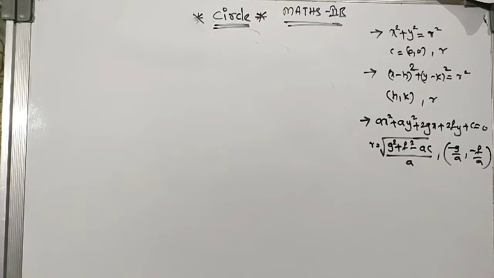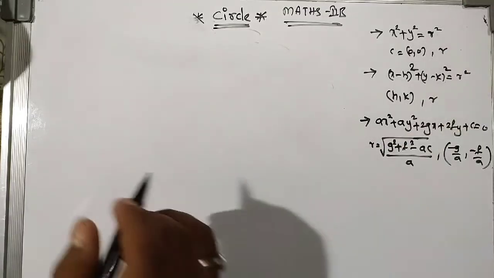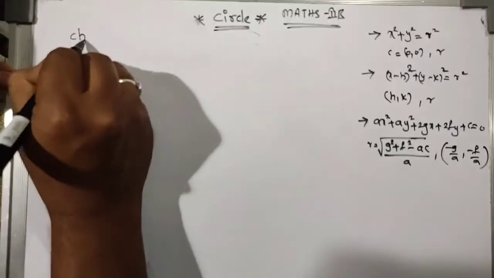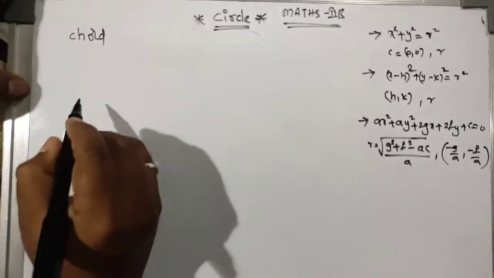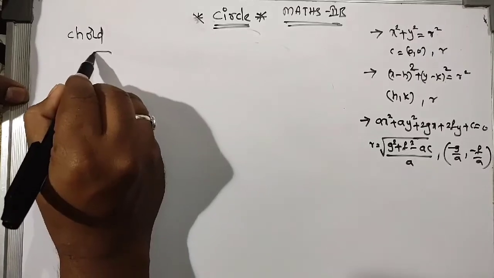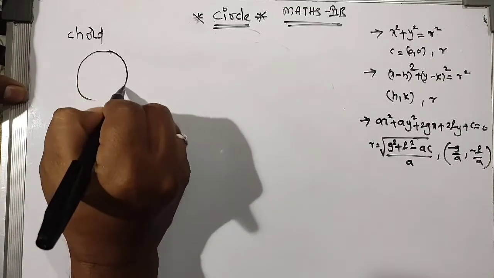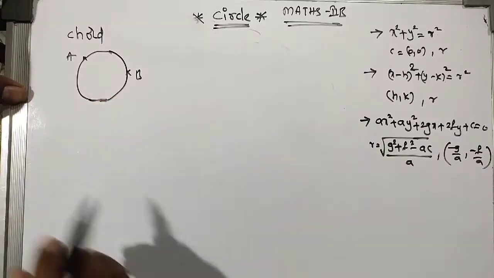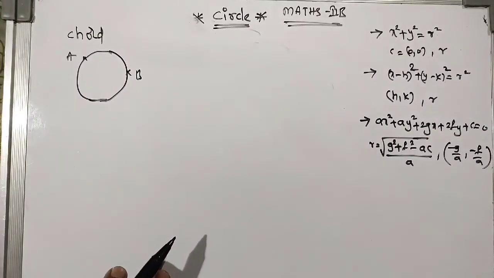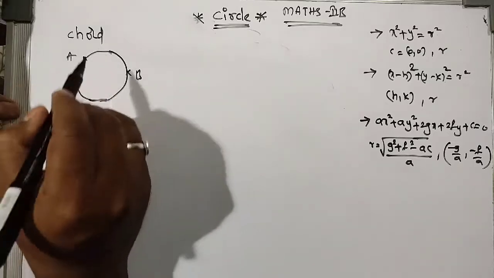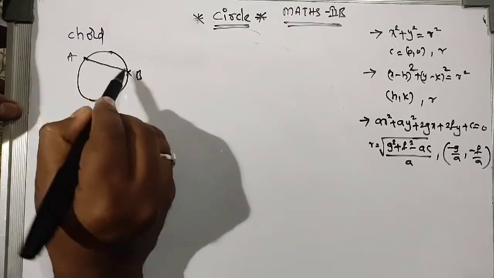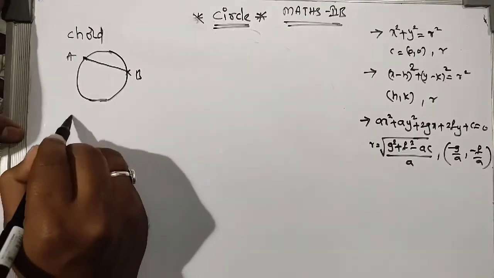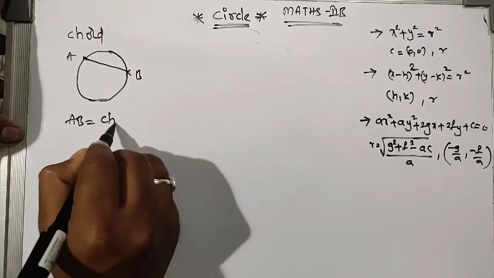Next, we know the definition of the chord of a circle. If this is a circle and A and B are two points on it, and a line segment joins the points A and B, then AB is called a chord of the circle.